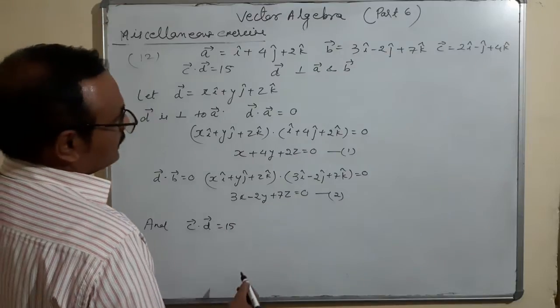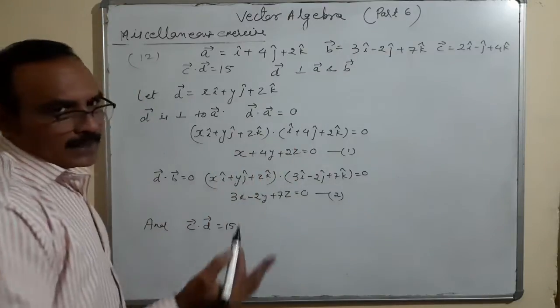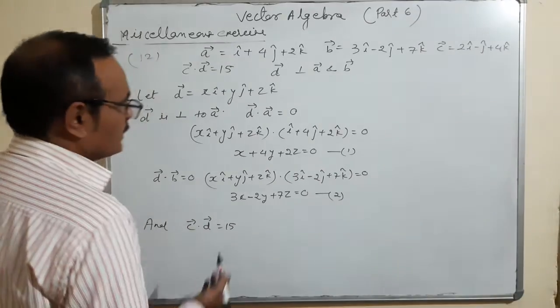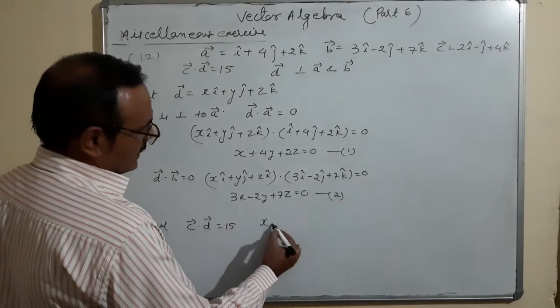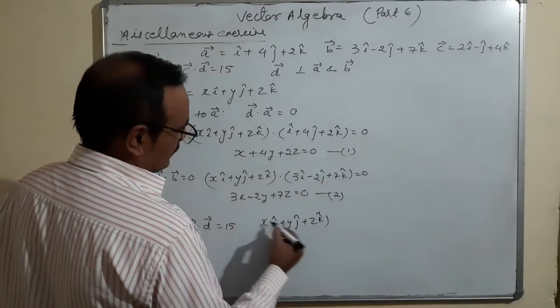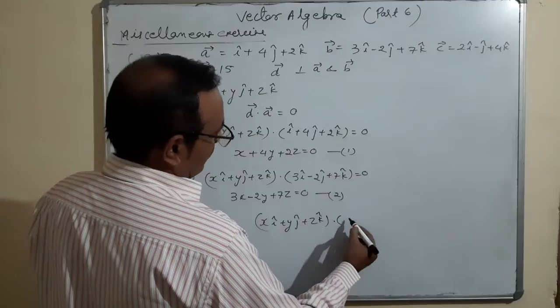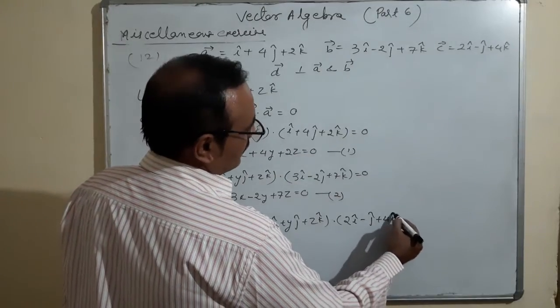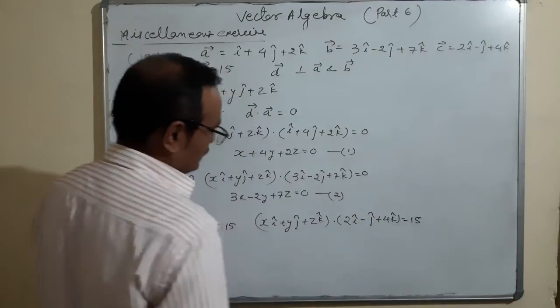So c dot d or d dot c, same thing, because in a dot product a dot b or b dot a, it's the same. So when I write here xi plus yj plus zk dot c, 2i minus j plus 4k, is equal to 15, not 0.